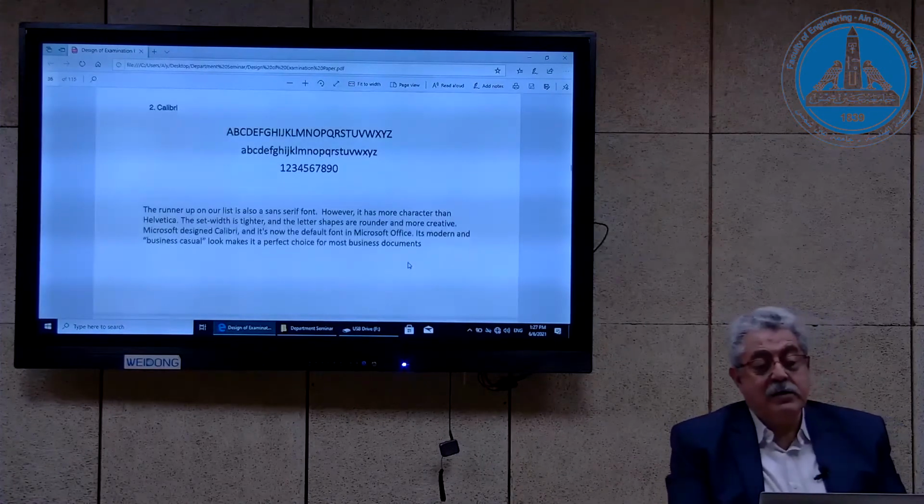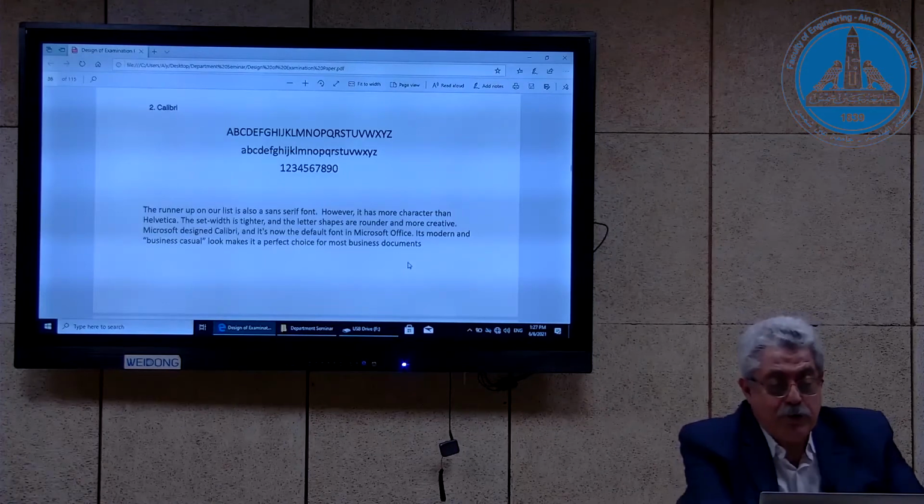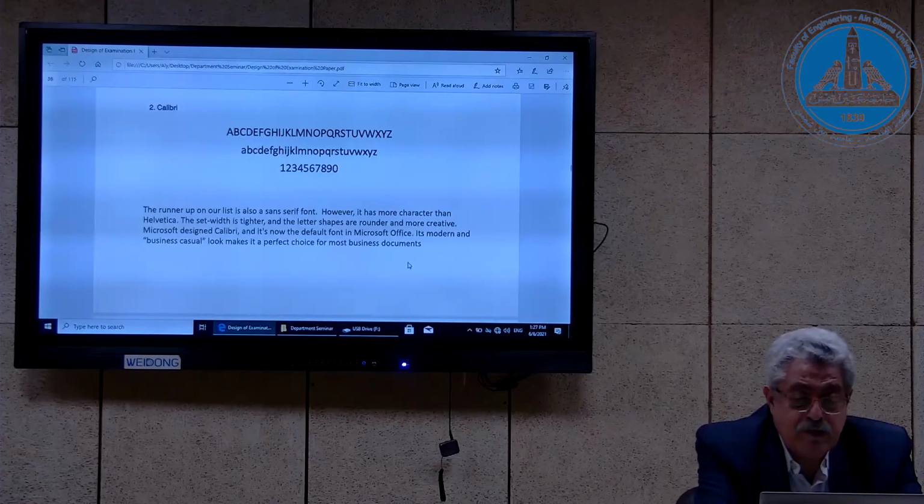The second typeface is Calibri, the runner-up, number 2 on our list, and it's also a sans serif font. What is sans serif? It's just that the letters do not have the notches defined in the previous slides when I showed you typography details.